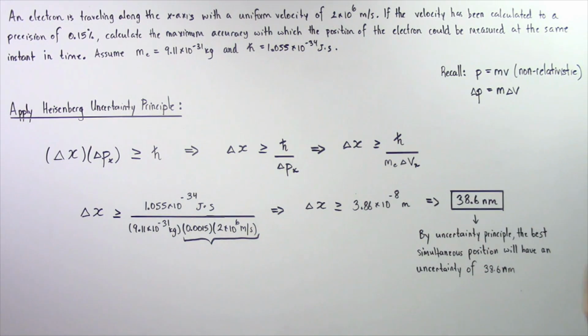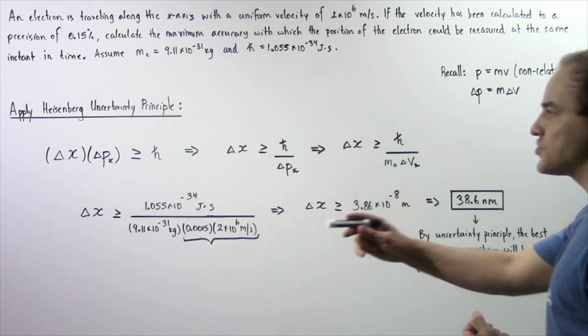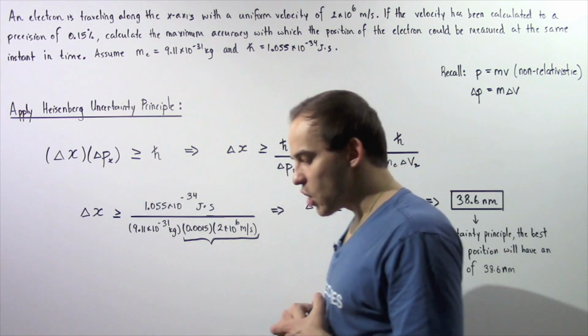So by the uncertainty principle, the best simultaneous position will have an uncertainty of 38.6 nanometers along the x-axis.